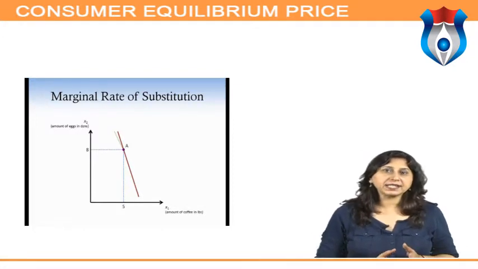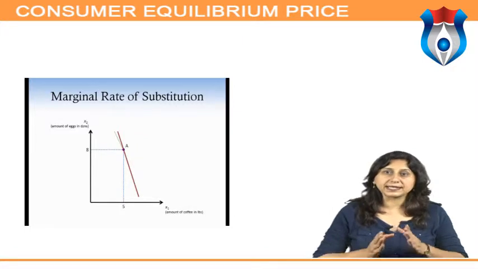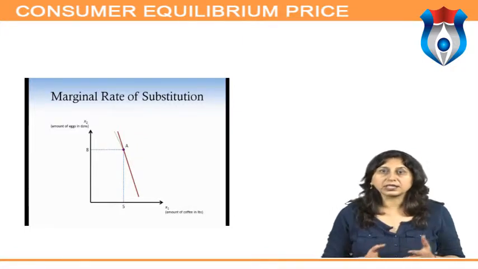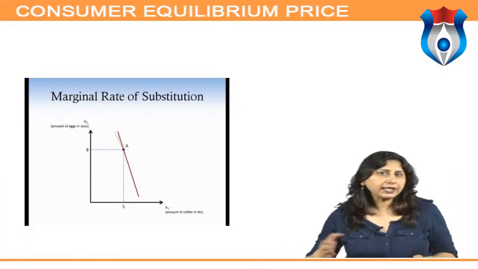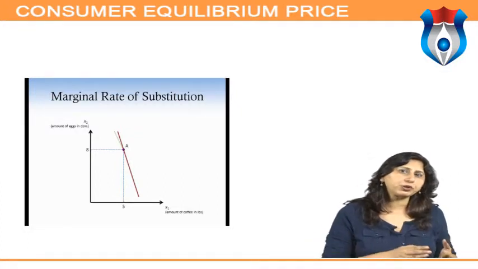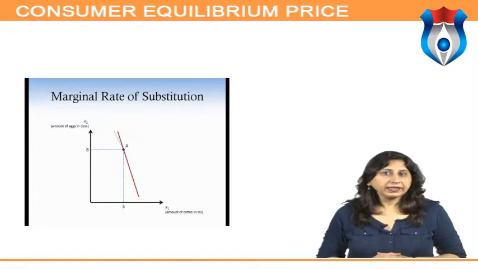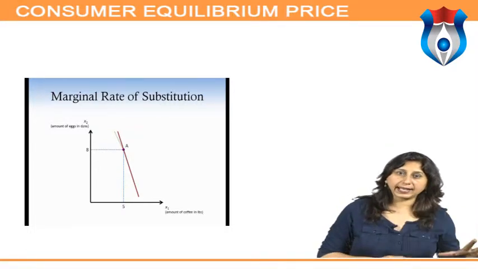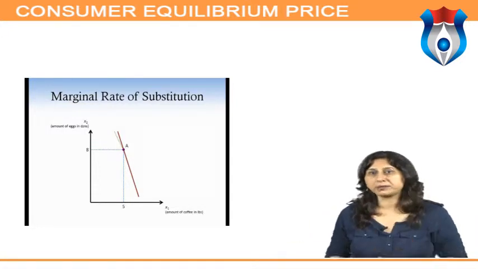Since by the indifference curve's definition each commodity bundle provides the same level of utility, the consumer is willing to give up less and less good Y as he or she consumes more and more good X in order to hold utility constant.